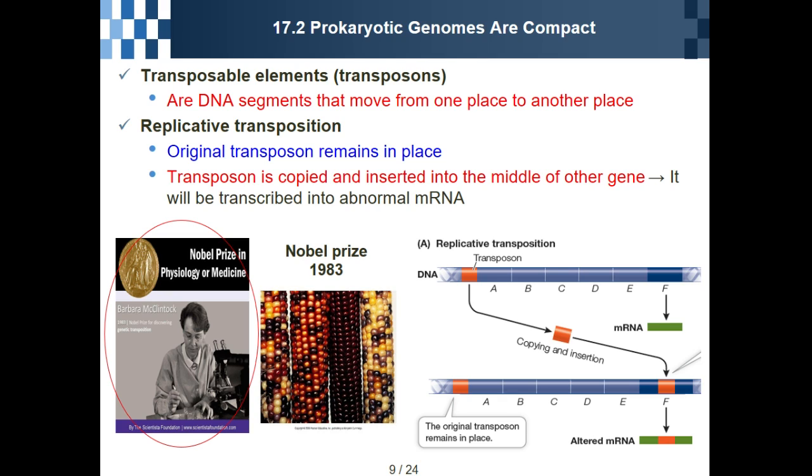For example, in this case, usually the brown color is like this. However, in this cob, some transposon has moved here, so it will make different colors like this. I am trying to explain very simply, but this is what we call replicative transposition. So people use this method to study the prokaryotic genome.